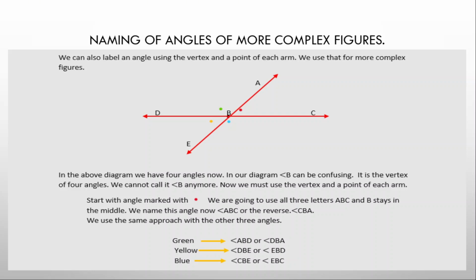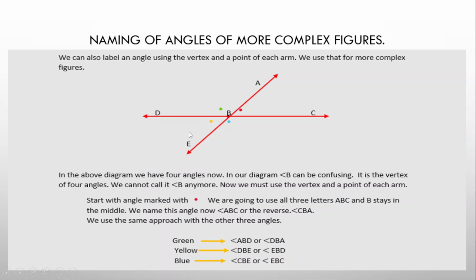We start with the one pointed out here, red, and in this case we call this angle ABC, or we call it CBA, and we are talking about this angle here. Now we go over to the green, the one marked with a green dot. We call this angle DBA, or we can call it ABD.